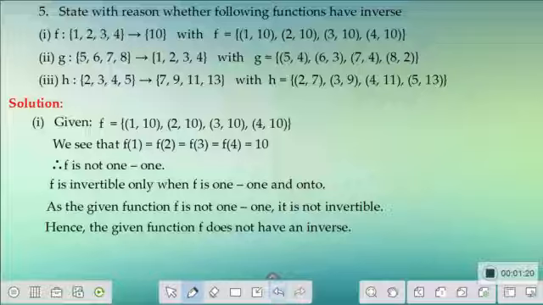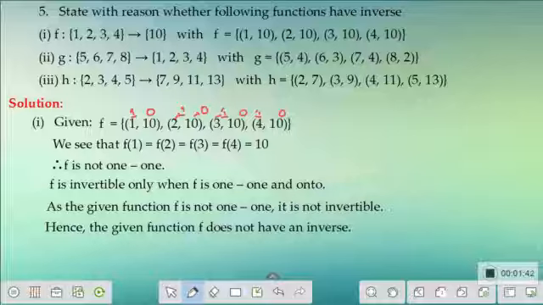Similarly, we have (2, 10). This means 2 is our input whereas 10 is our output. So we have 3 as the input and 10 as the output. Similarly, 4 is the input and 10 is the output for the remaining.